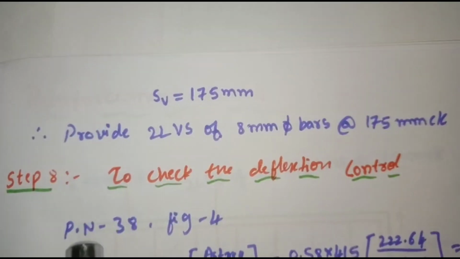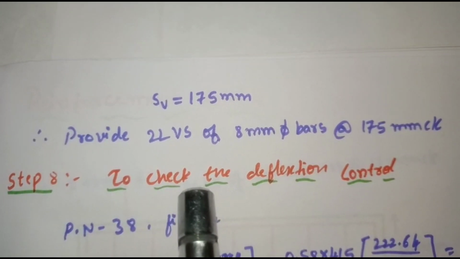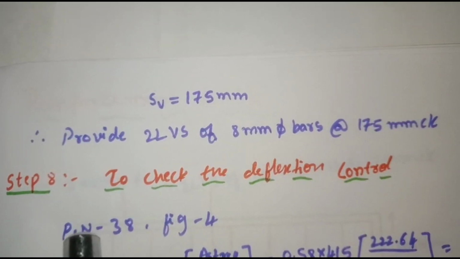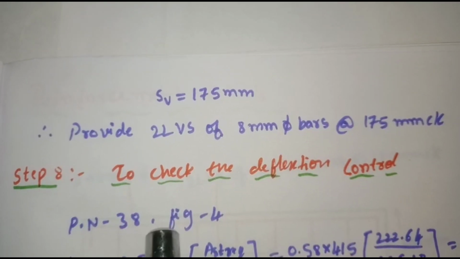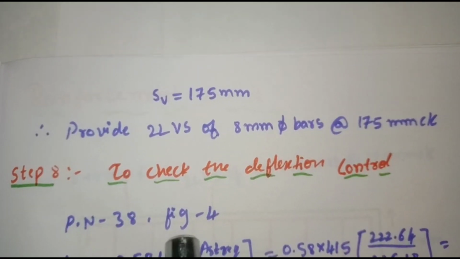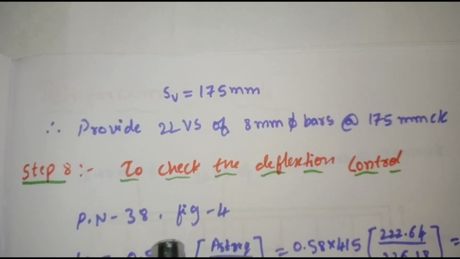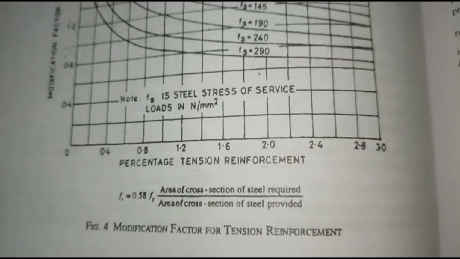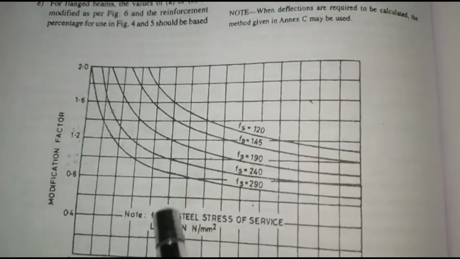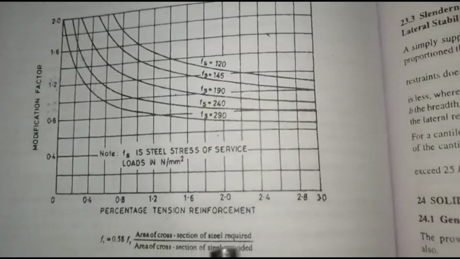So for that what we have to do is, again by using the codebook, by using figure 4 on page number 38, we'll see what they have given on page number 38. This is page number 38, figure 4.